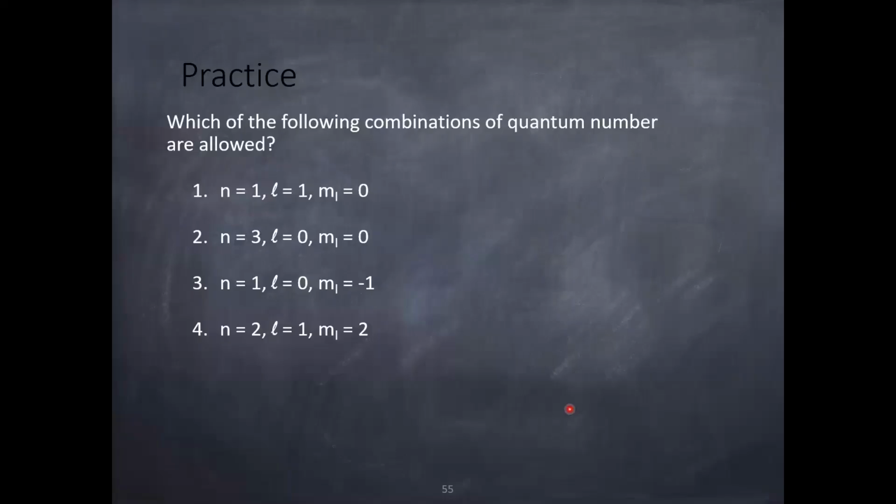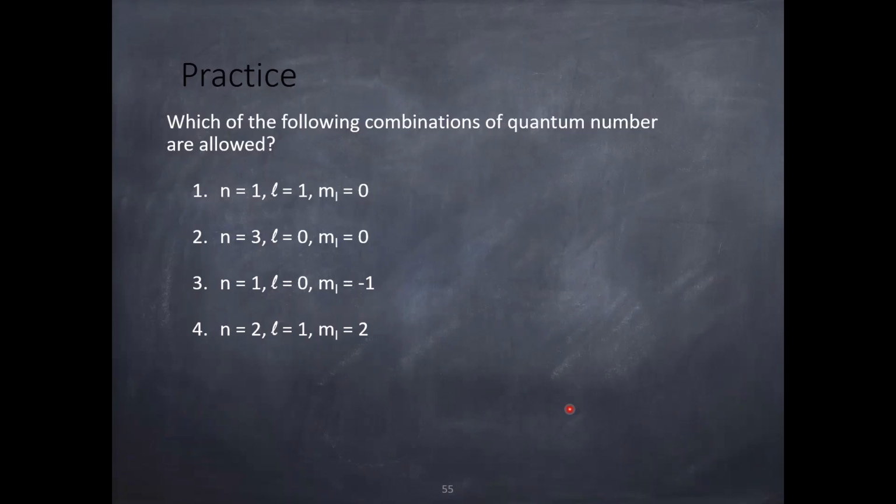And then looking at these 4 sets of quantum numbers, take a moment or two to go through it on your own. Again, you probably want to pause the video because I'm just going to continue through it. But look at these 4 quantum numbers and think about which of these is going to be acceptable. There may be multiple, there may be none. So go through each of them.